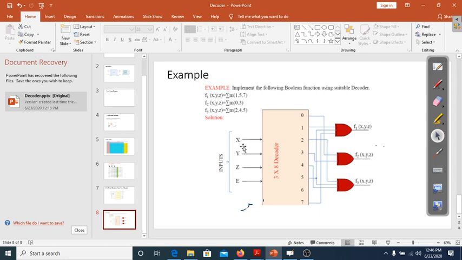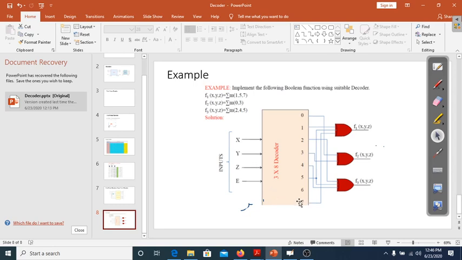For output 0, x would be equal to 0, y would be equal to 0, z would be equal to 0, and for 1, x would be equal to 1 and y and z would be equal to 0, and so on. For 7, x is equal to 1, y is equal to 1, and z is equal to 1. It will select this output.